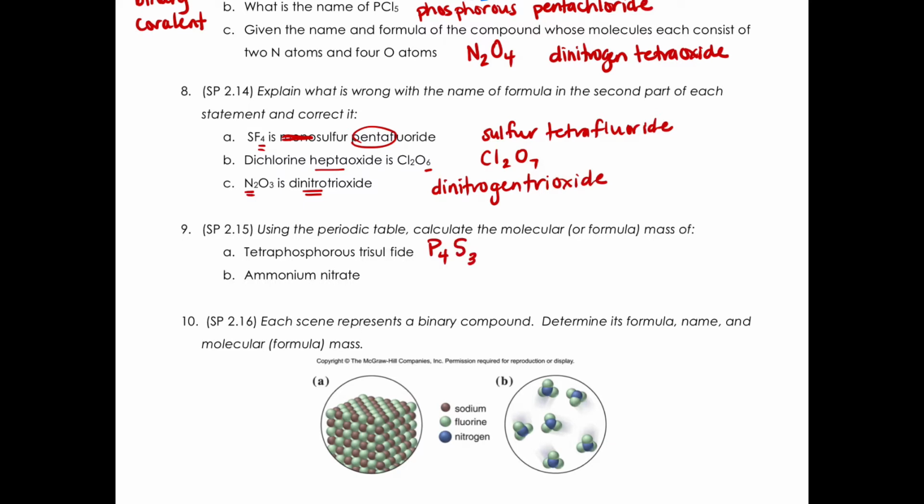So one of the things we should realize, again, another thing that I could ask with this question is: is this an ionic or covalent compound? And this is a covalent compound, because we have two nonmetals that we've bonded together. And that's also why we need to have these prefixes to indicate the quantities of each atom that we have.